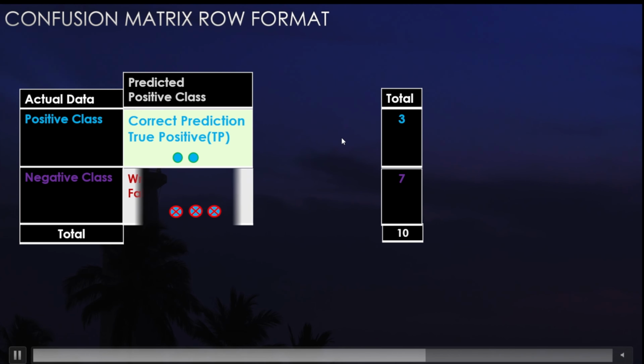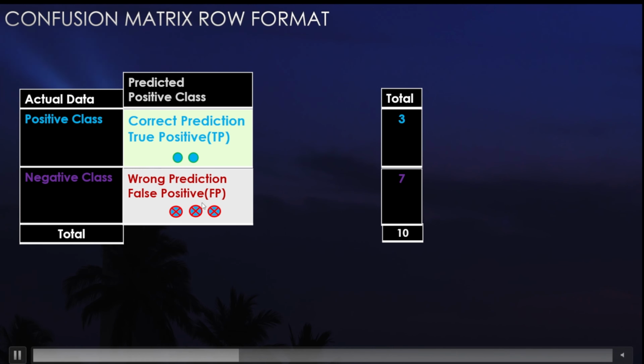Then it will predict the positive class itself, but there will be certain wrong predictions, which are called false positives. They are false because they truly belong to the negative class. That's how the model gets confused, and that's how this matrix gets its name, confusion matrix. It's the confusion for the model, not for us as of now.